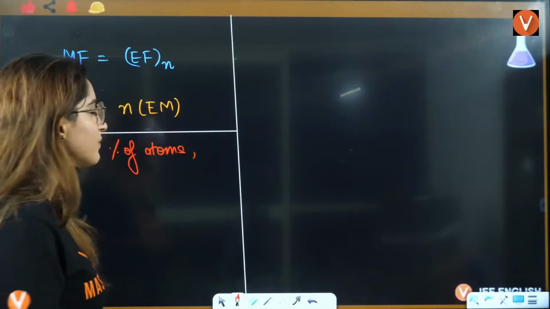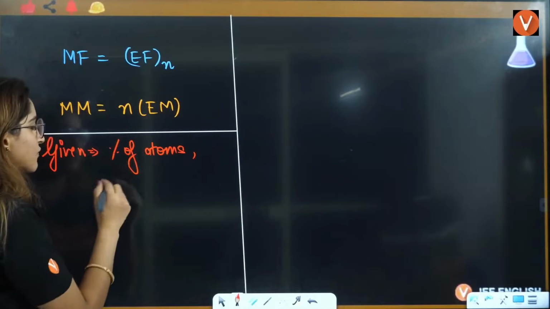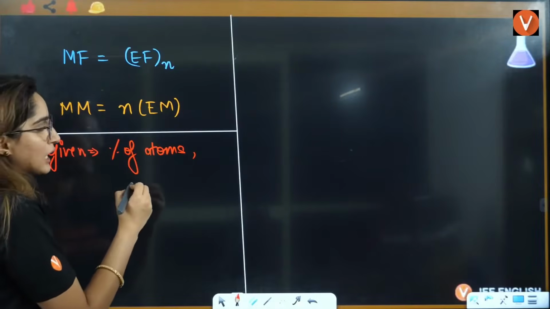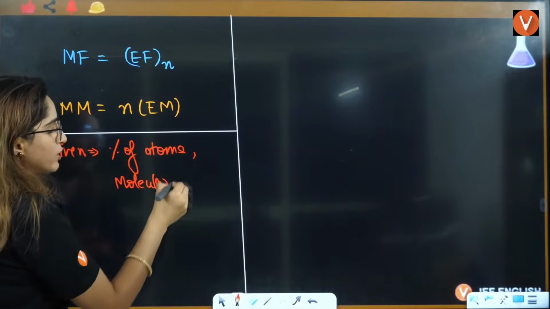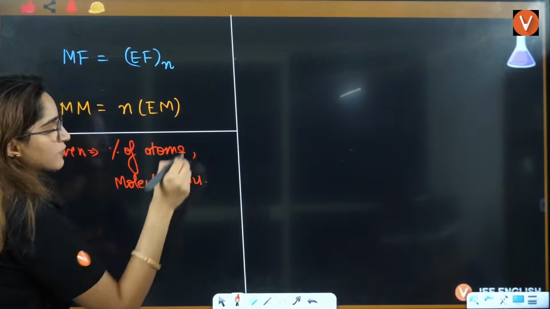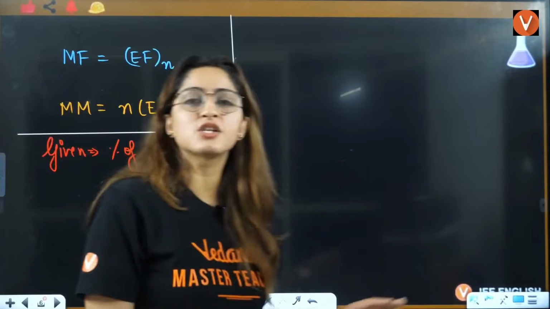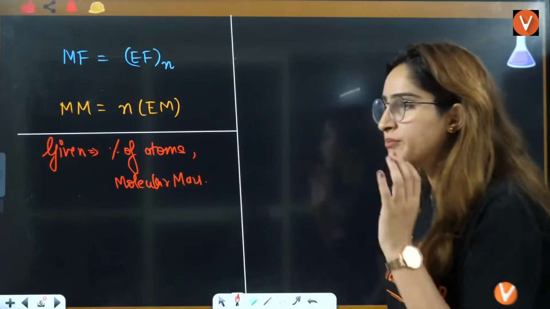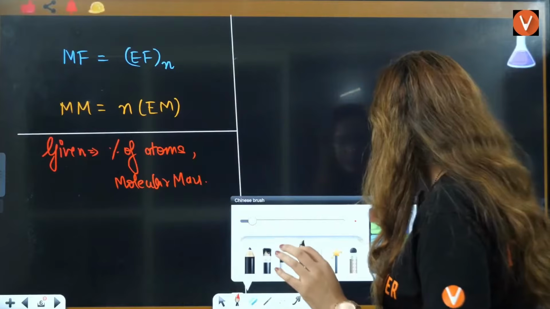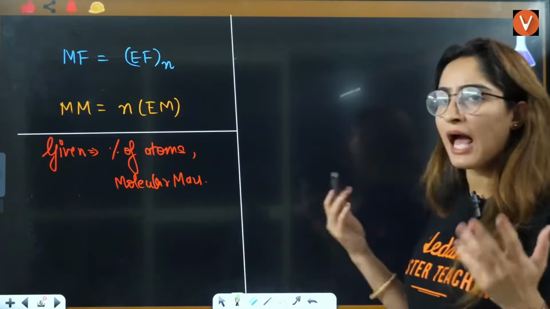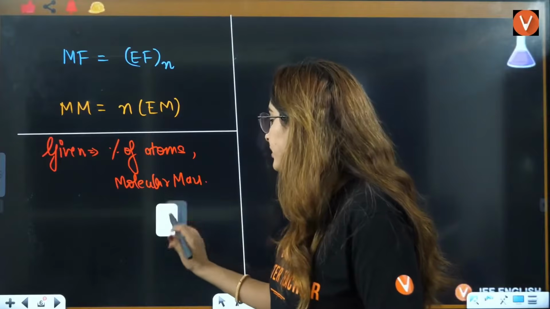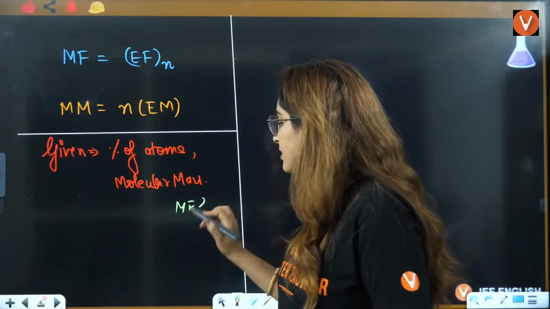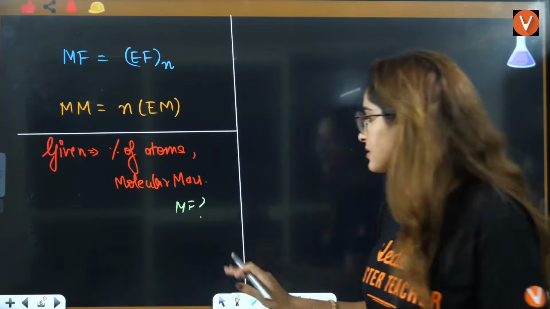Percentages of atoms are given, and they will give you the molecular mass. Then they will ask you to calculate the empirical formula and the molecular formula by just these two things, right?